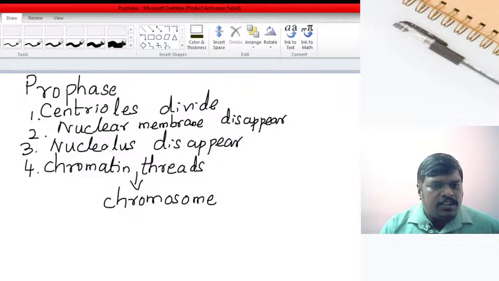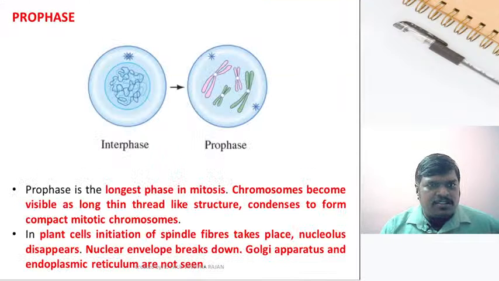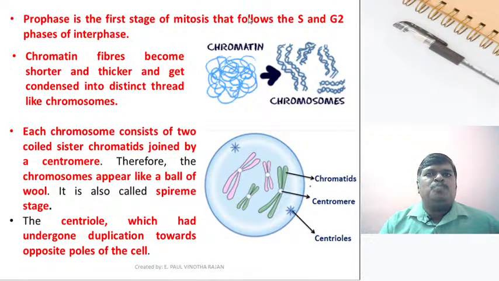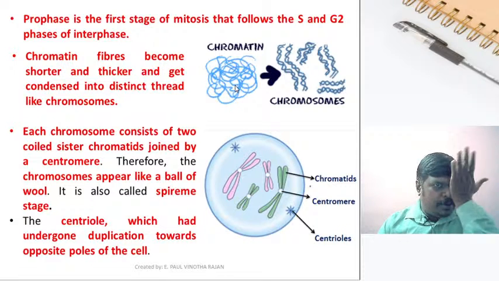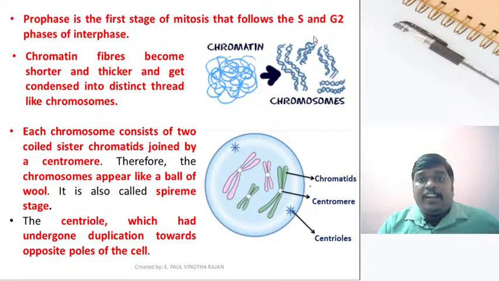Okay, children. Next, I am going to explain the further changes that take place. So now just have these 4 points in mind. This is what is happening during the cell division process. Next, what will happen here? These chromatin fibers become shorter and thicker.